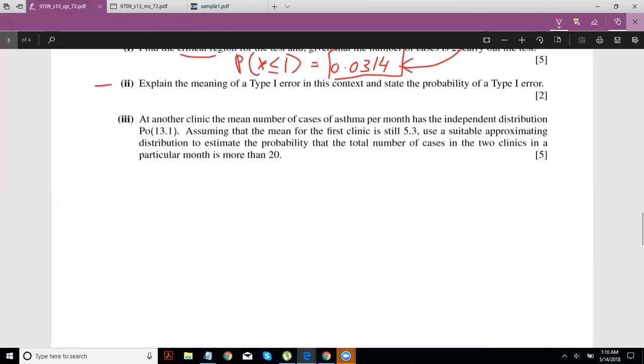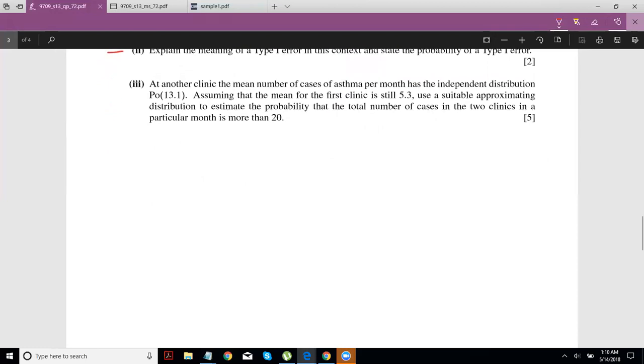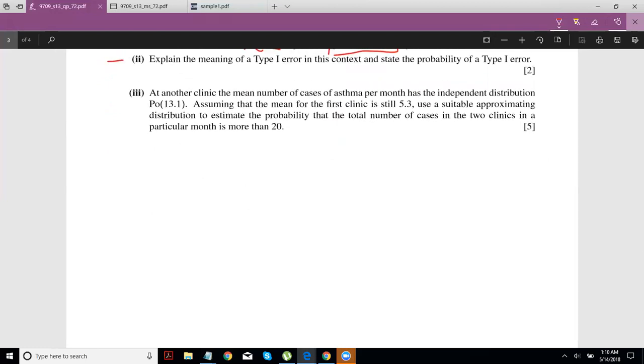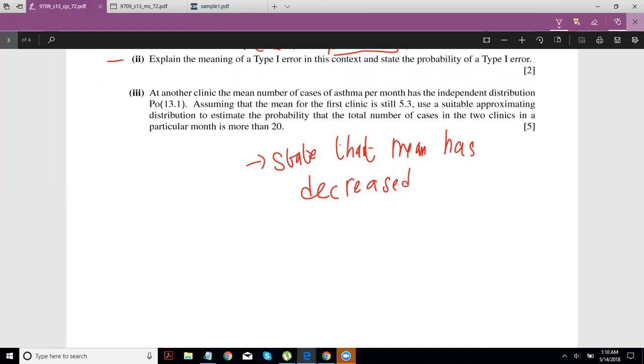Because the type 1 error is where you're rejecting your null hypothesis even though it was true, you would state or deduce that the mean has decreased, because if the mean has decreased, you're rejecting your null hypothesis and adopting the alternative, which, even though the alternative isn't true, your null was true. So you state that the mean has decreased even though it hasn't.